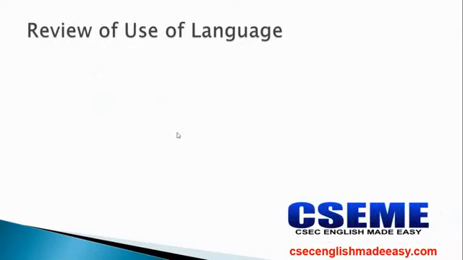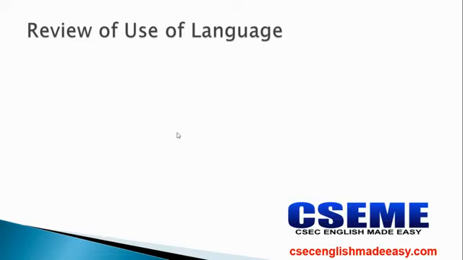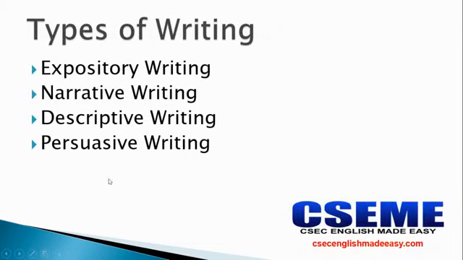So, in reviewing the use of language, emotive language can be used, descriptive language, figurative language, and we can look at the narrative voice. Emotive language can appeal to the emotions, and persuasive writing can be very emotive in nature.